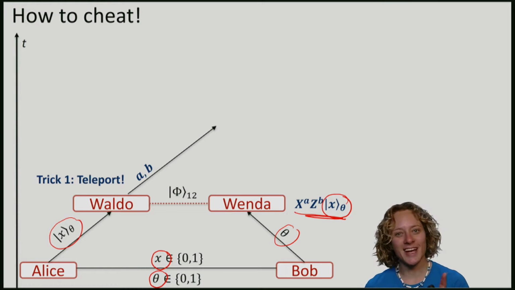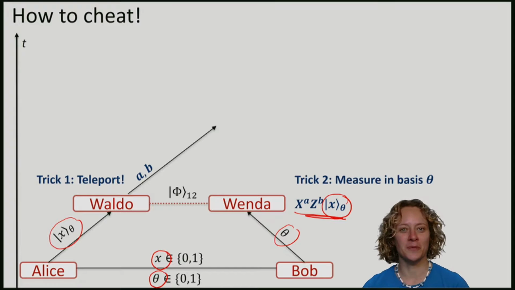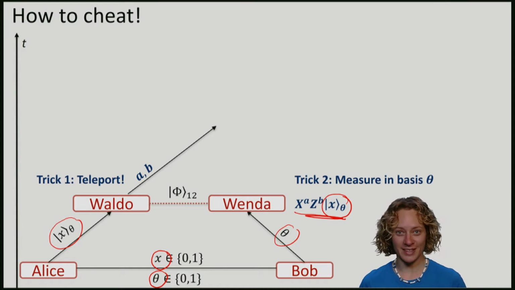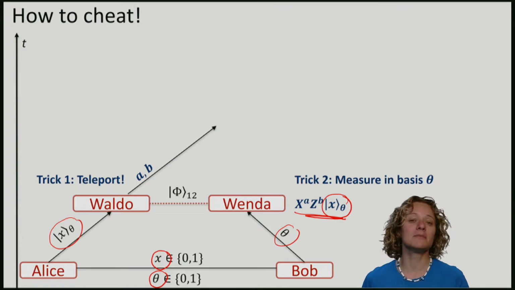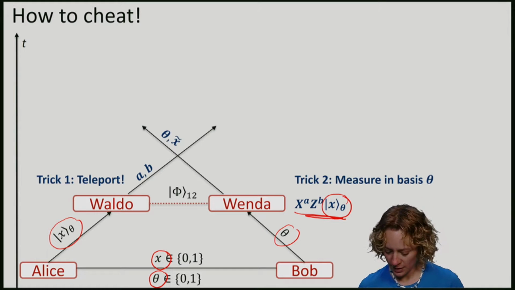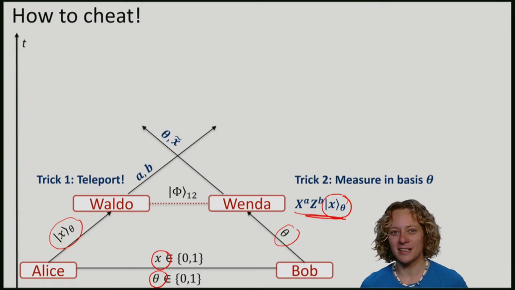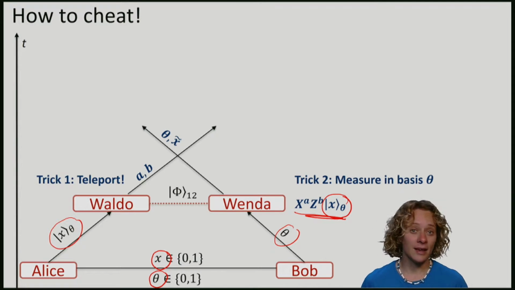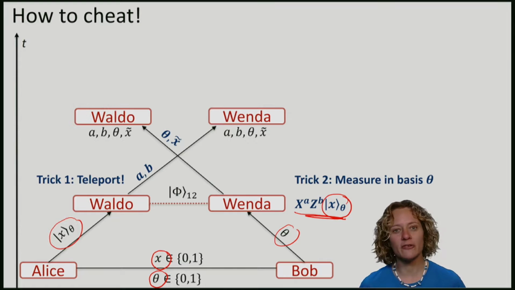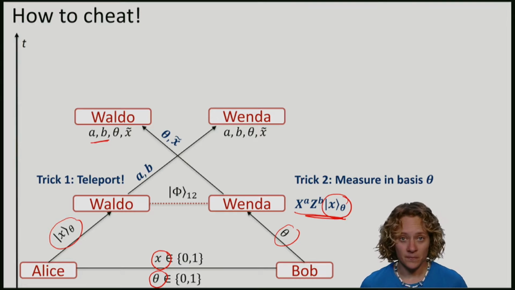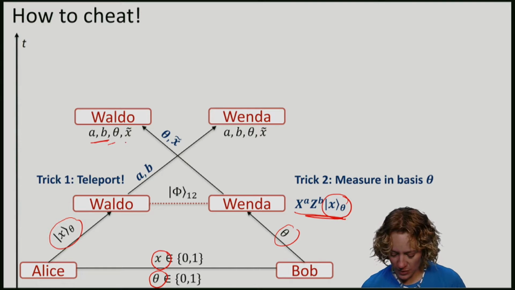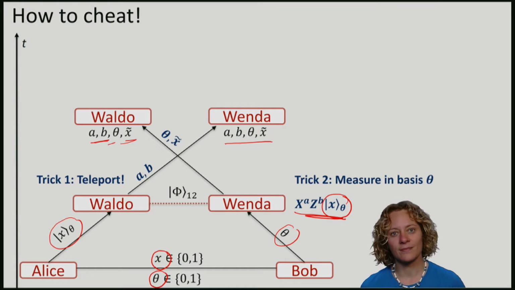So now it's time to pull our trick number 2. Wenda simply measures in the basis theta to get an outcome x tilde. She immediately sends theta and x tilde to Waldo. Now, once the messages arrive, both Waldo and Wenda have A and B and theta, as well as x tilde.